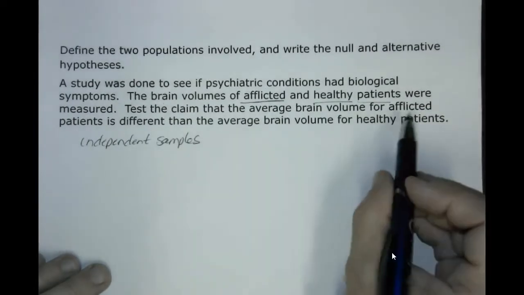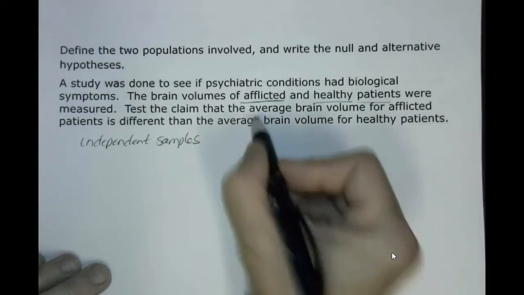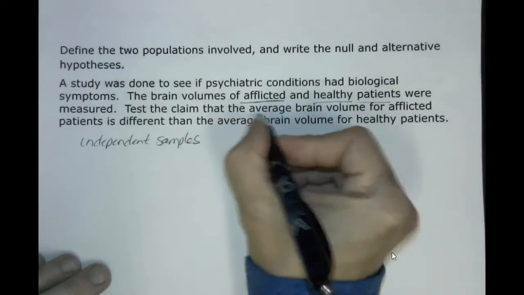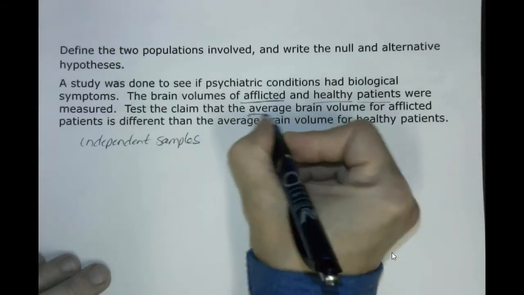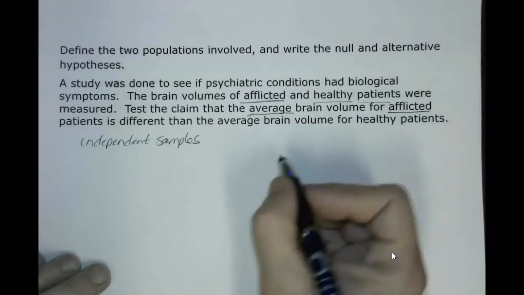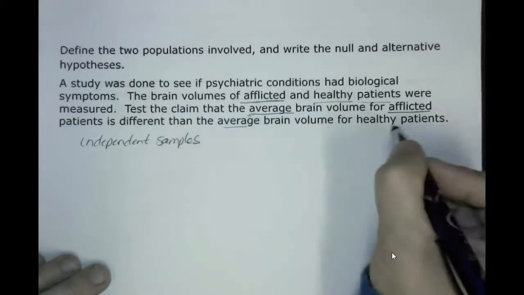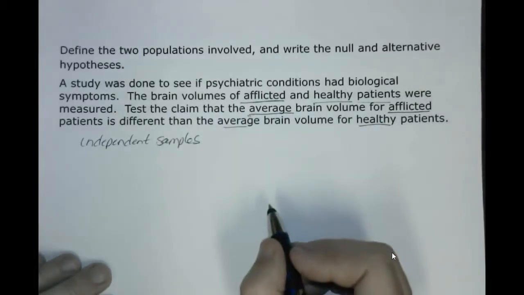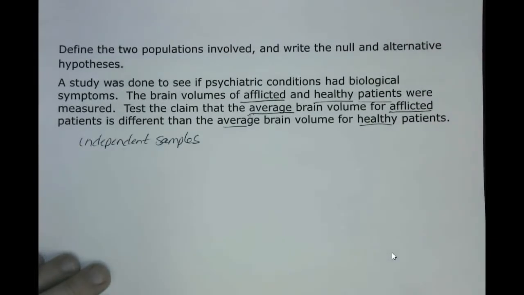The other way that you can tell is that it talks about the averages, and it says the word average twice. Average is the same as mean. So it's talking about the average for the afflicted patients and then the average for the healthy patients. That means basically you have a mu1 and a mu2.